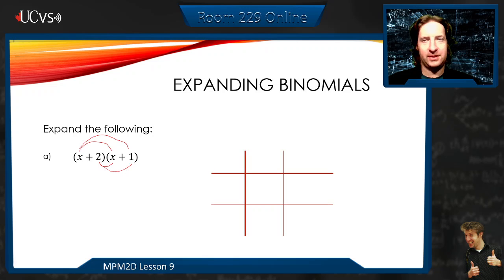Another way we can think about this is to think of all the possible products, right? If we have x plus 2 multiplied by x plus 1, we're going to get 4 things inside this sort of grid. We're going to have x times x, which is x squared, x times 2, which is 2x, x times 1, which is just x, and then 2 times 1, which is going to give us 2. So our answer is going to end up being the sum of all these things inside of our grid.